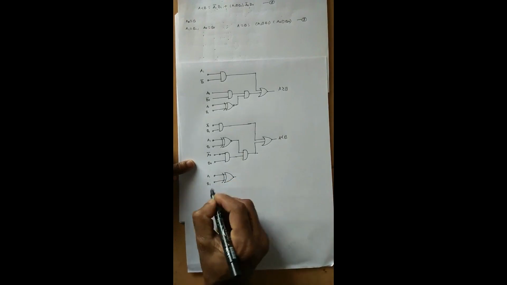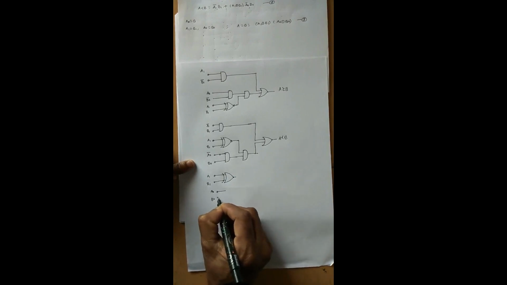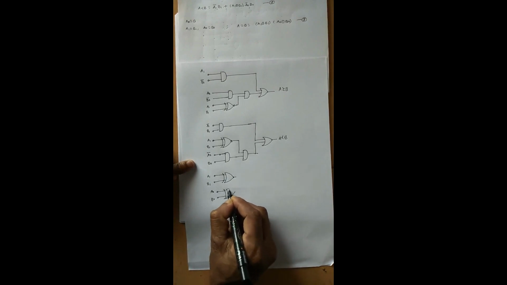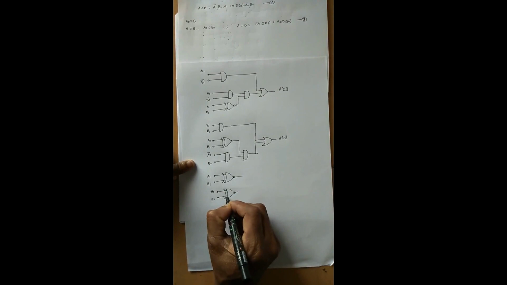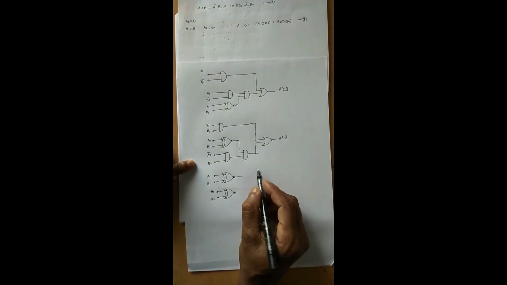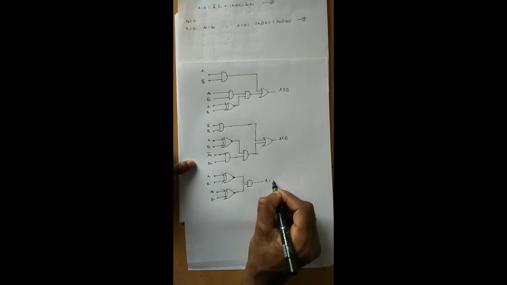Okay, and A0 and B0 are again exclusive NOR with each other, and both are again ANDing with each other. So use AND gate here. Okay, this will be A is equal to B. This is the logic diagram of 2-bit comparator.